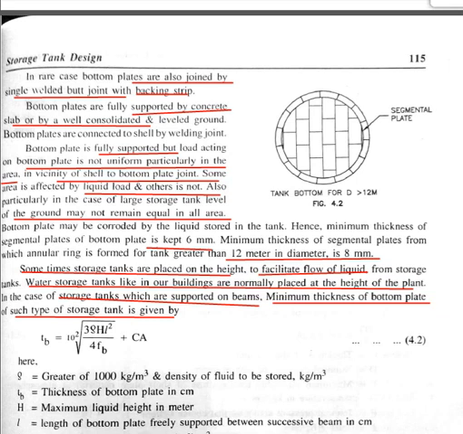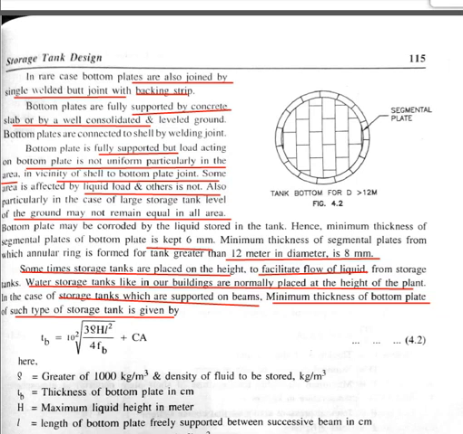So it is TB = 10^2 × √(3ρHL² / 4FB) + CA, where rho is the density of the fluid to be stored, taken as greater of 100 kg per meter cube.